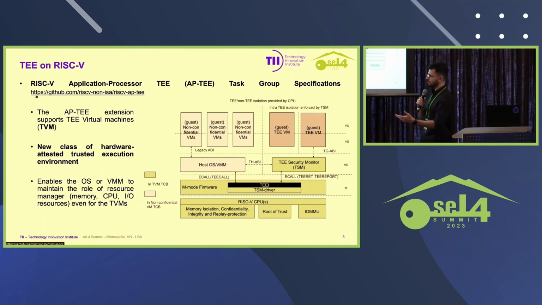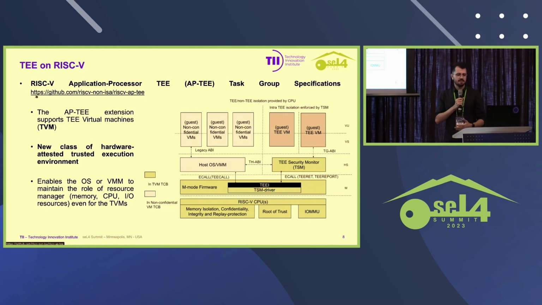So this is a very important topic that has been discussed in the last months, and maybe for one or two years in the RISC-V community, and they came up with this architecture that should be pretty similar in some ways to TrustZone and SGX.